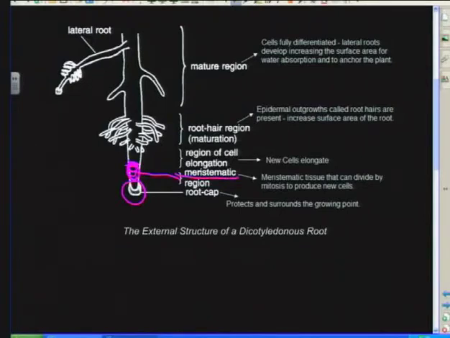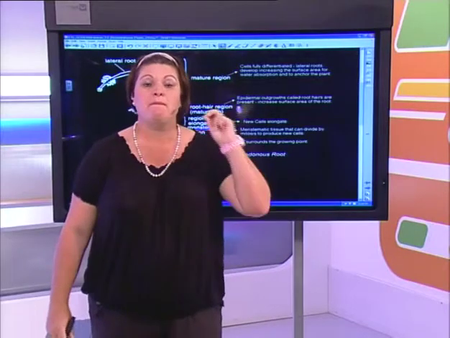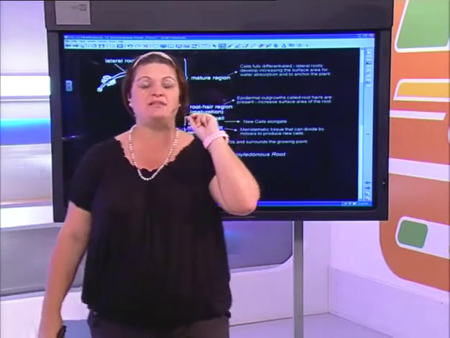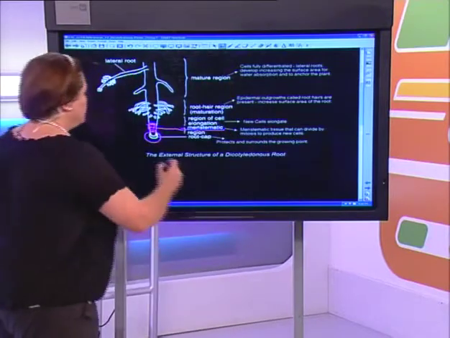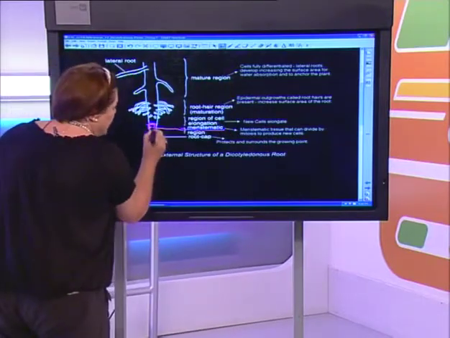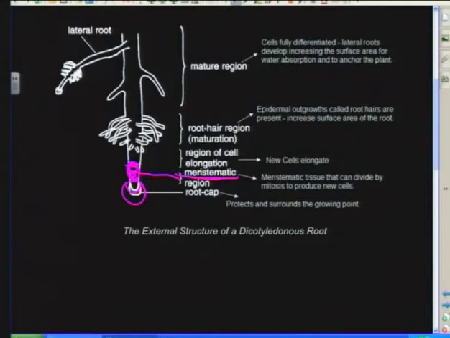Now remember, what is meristematic tissue? Meristematic tissue divides by mitosis. So these are the baby cells. They're the baby ones. They're the ones that are going to grow and mature. So you want to protect it. So this little root cap over here is protecting the meristematic region, the new cells that can divide by mitosis.